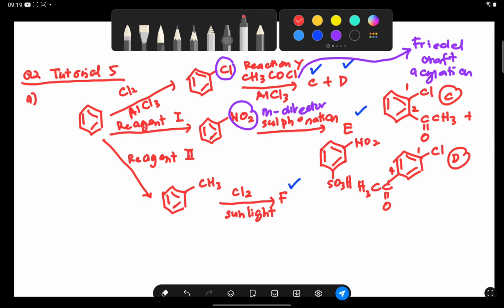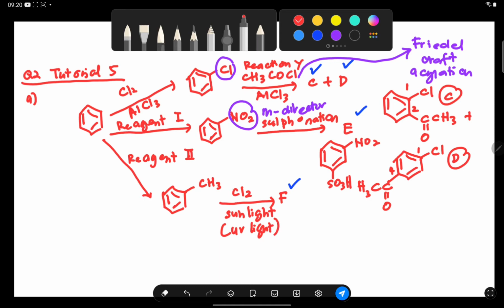Then for F, Cl2 in the presence of sunlight or UV light.